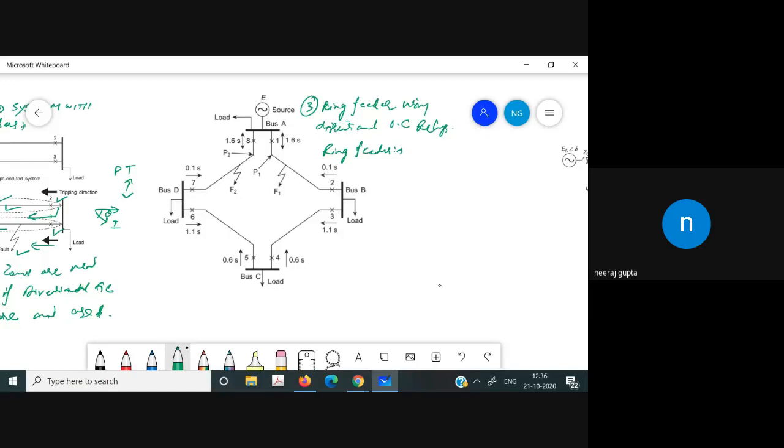So it will allow the supply to be maintained to the loads in spite of fault in any section.